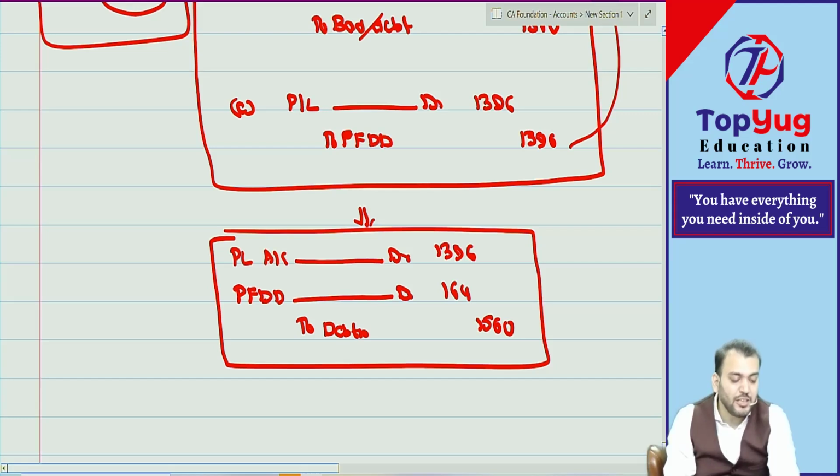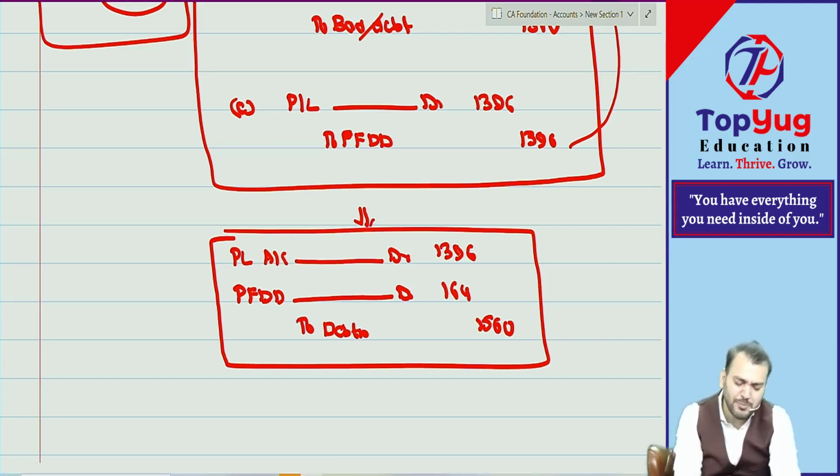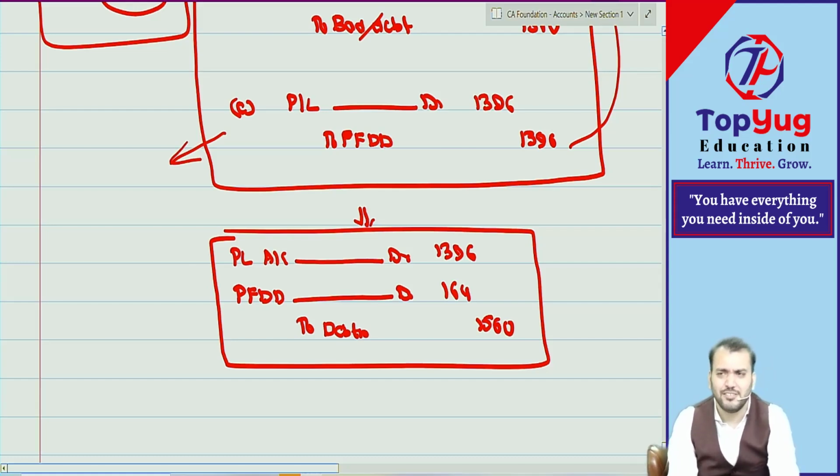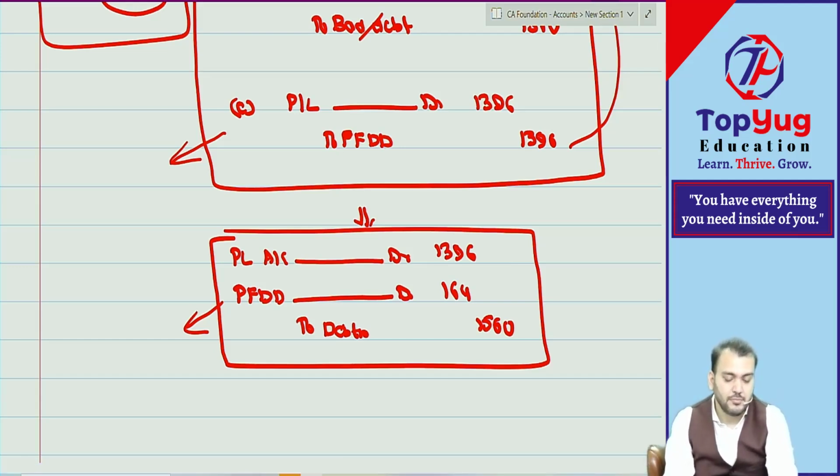They have given 2 journal entries. Fine, you can also give 3 journal entries, that is also correct. Or you can give the net effect. However, the net effect of the 2 journal entries will come the same. Understood?